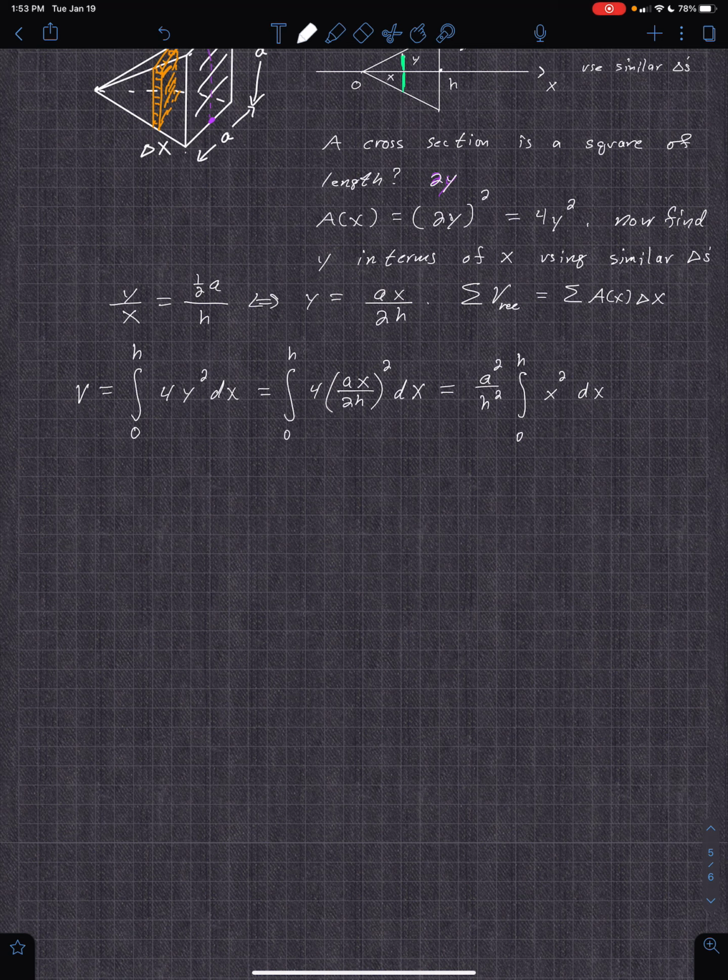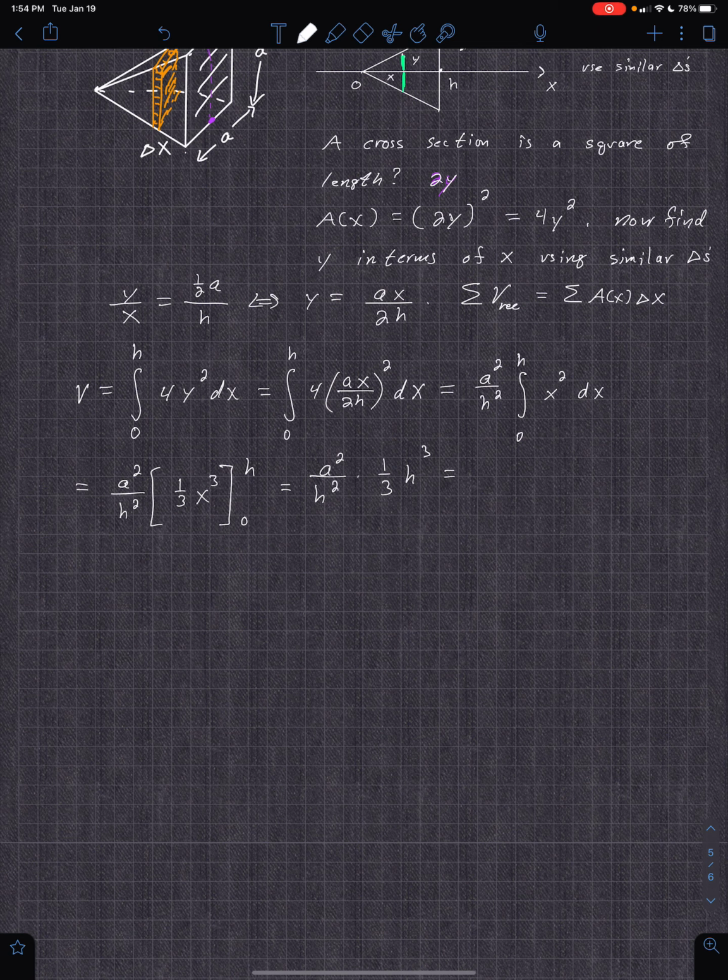So pretty much straight up from there, we got it. So it's equal to a squared over h squared, and then 1/3 x cubed evaluated from 0 to h.